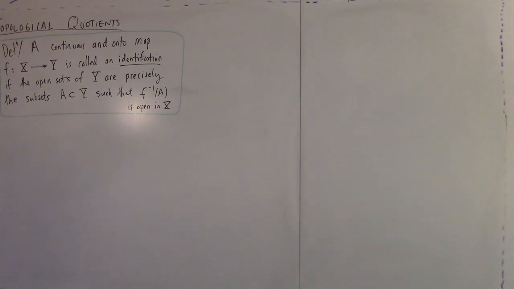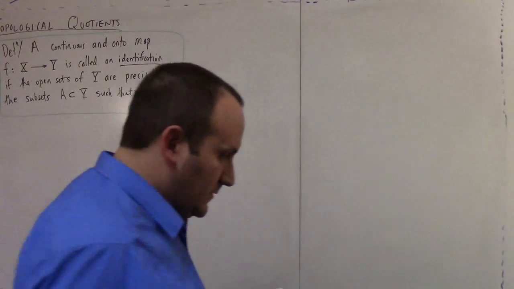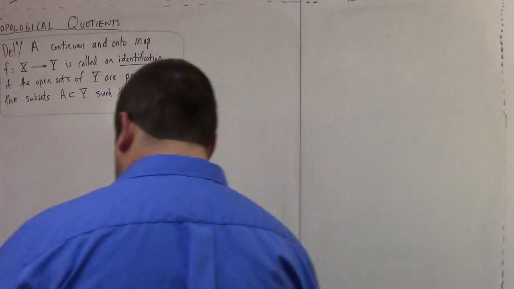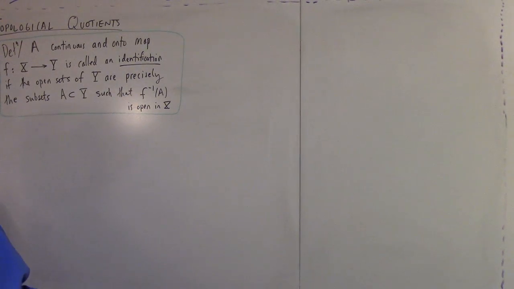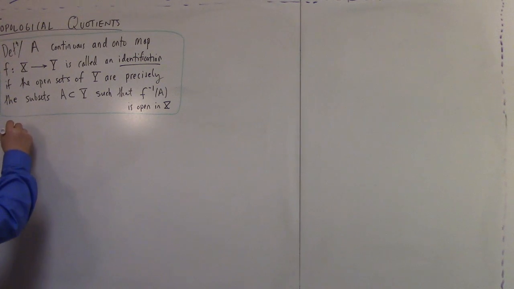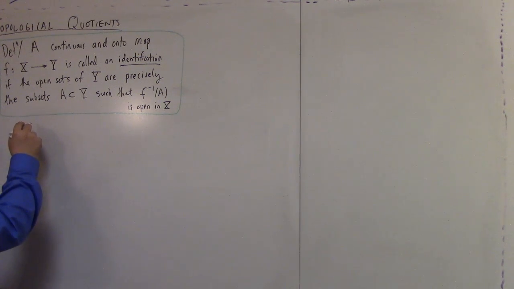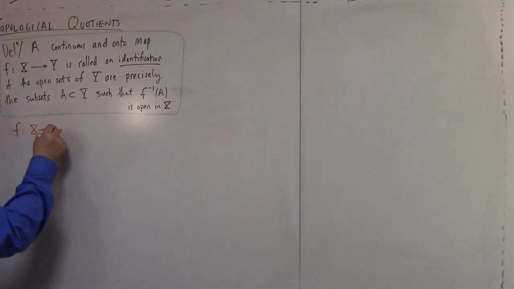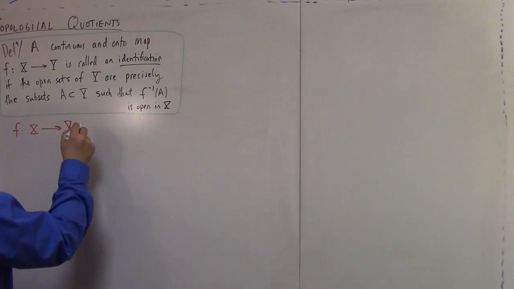And so if you have a continuous map, we define saturation. Let F from X to Y be continuous.